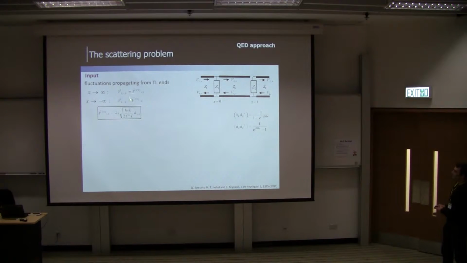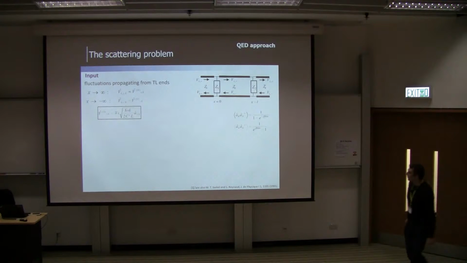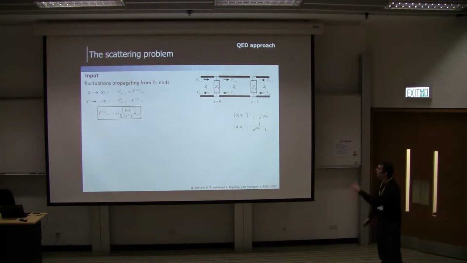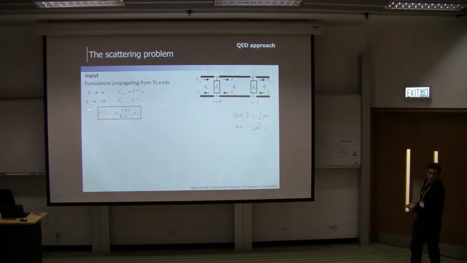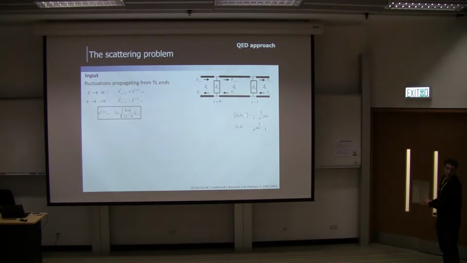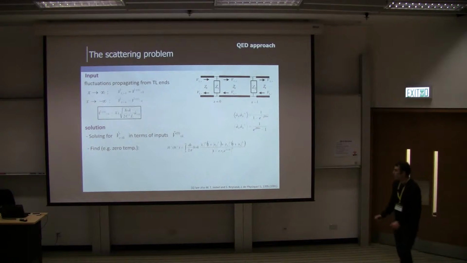Then you have the vacuum field coming forward from minus infinity, and backward from plus infinity. And the vacuum fields are just those that I said before. I assume I have the vacuum or thermal, or whatever you want to put here, not a squeezed state for now. And then I just have to solve this scattering problem.